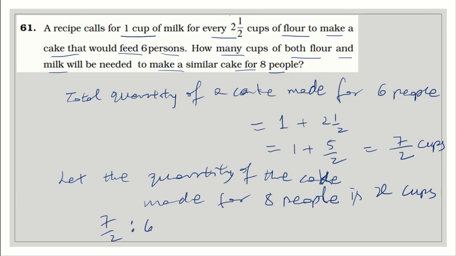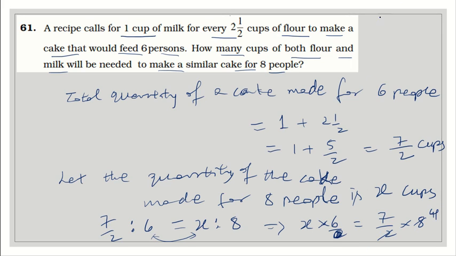That means 7/2 is to 6 equals to x is to 8, where for x cups we require for 8 members, where 7/2 cups required for 6 people. Same proportion we have used. Product of means equals to product of extremes. It implies x into 6 equals to 7/2 into 8. Now 2 cancels with this, 7 fours are, and this 6 comes and divides.